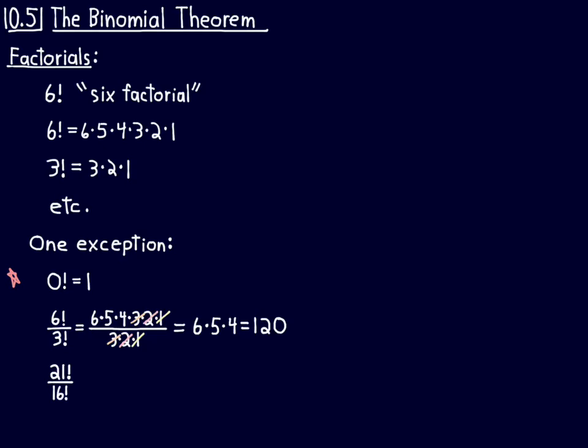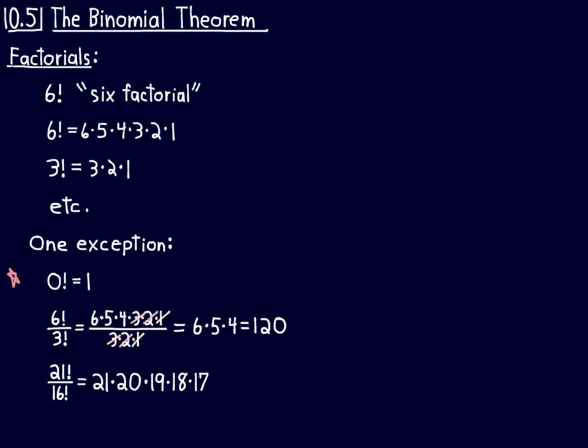If I take 21 factorial over 16 factorial, all I have to do is start at 21 and write out products with each integer going down 1. And I need to write out 5 factors. How do I know it's 5 factors?